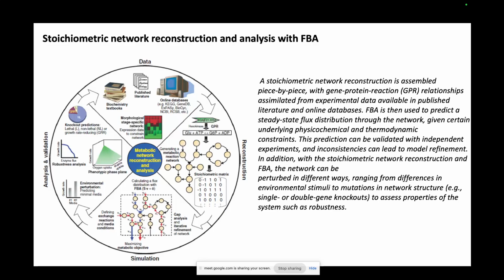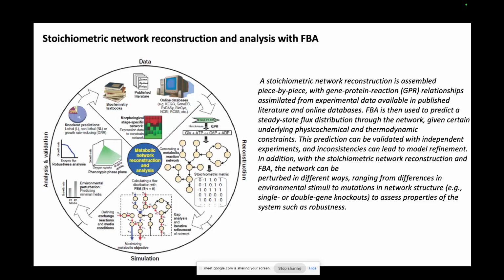These kinds of questions can be answered using FBA, and I can perturb the network in different ways, ranging from differences in environmental stimuli to mutations in network structure, for example single or double gene knockouts, to assess properties of the system such as robustness. What you are trying to say is, if I knock this gene out, will my network remain the same?